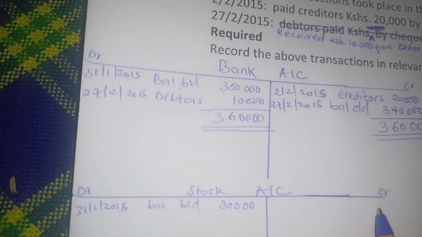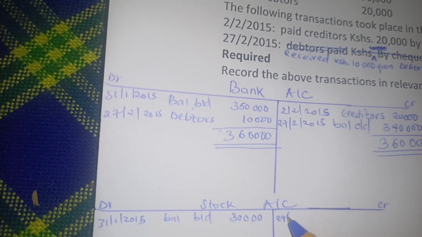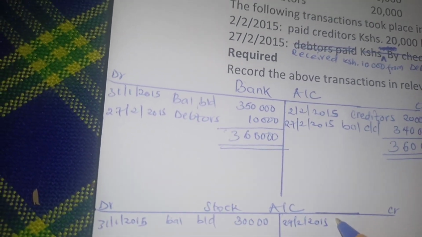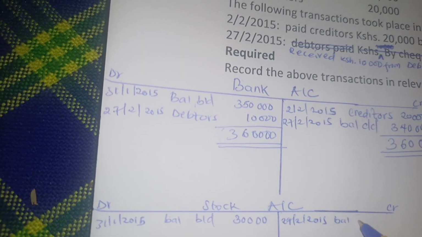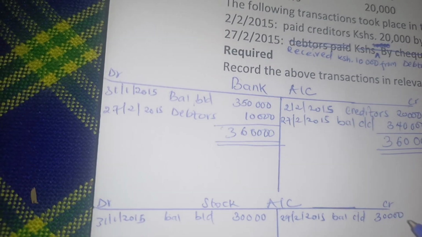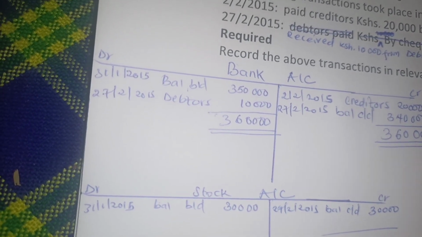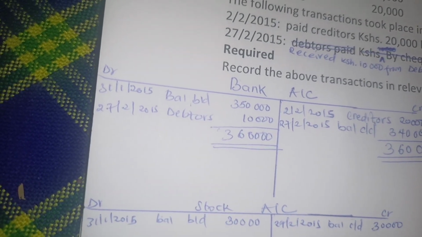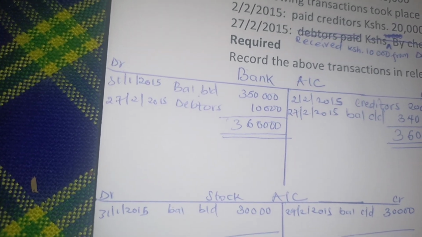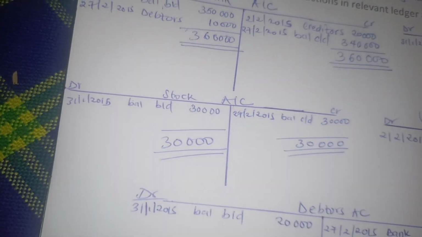In this case, it is our credit side, which has a 0. On 27th of February 2015, our balance to be carried down will be 30,000. We close our account by writing the totals and double underscoring. Yes, we are done.